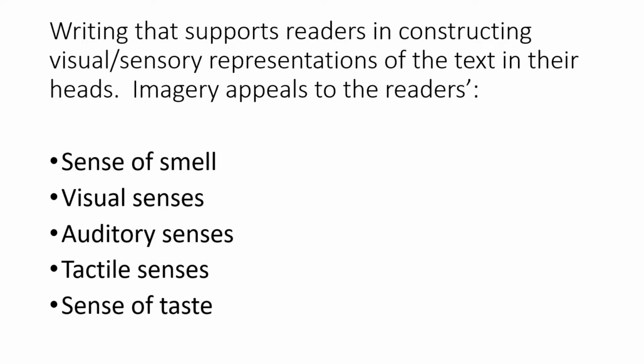The auditory senses, that is the pitch you hear sounds at, the resonance of sounds. Your tactile senses, how things feel if you touch them or if something touches you. And also your sense of taste, which includes sweetness, saltiness, bitterness.